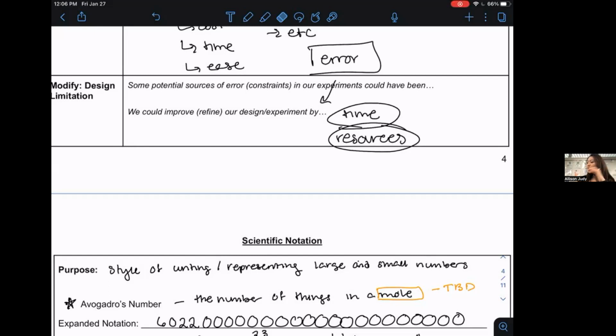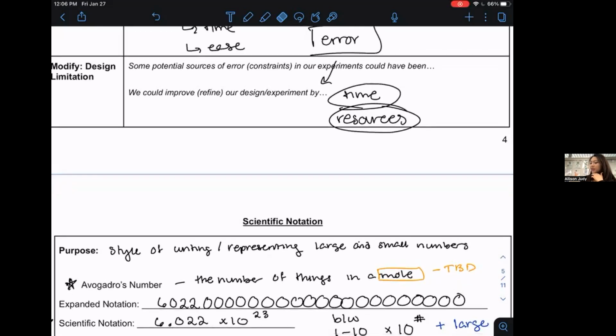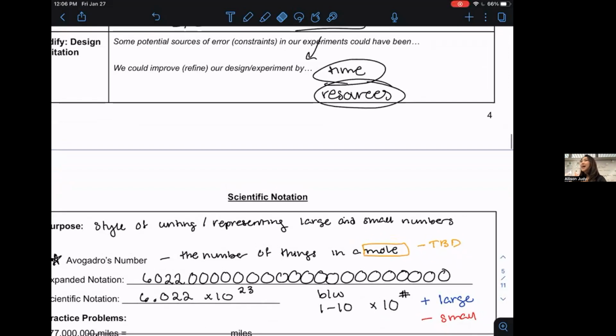Okay. So what do we do? We turn it into scientific notation. Scientific notation looks like this. We turn that number into 6.022 times 10 to the 23rd. To keep the value, we count how many powers of 10 we have to preserve. We just don't write all those placeholders, but they are there. To create a scientific notation number, we turn any number into a number between 1 and 10.